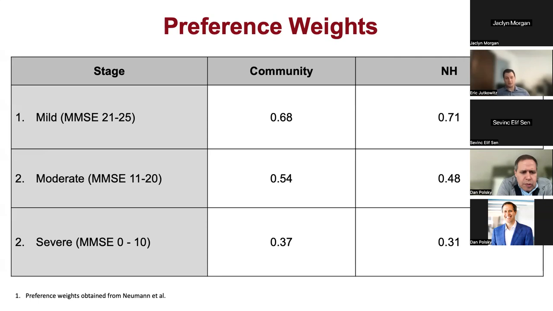And the preference weights are important if we're looking at the cost effectiveness of non-drug interventions, because preference weights are used to calculate quality adjusted life years.